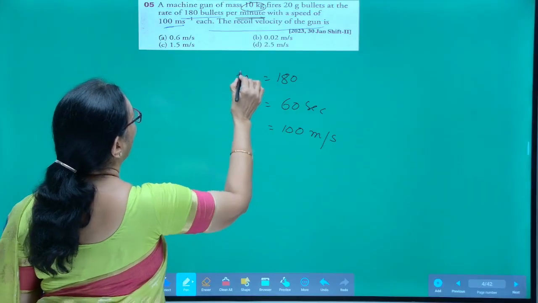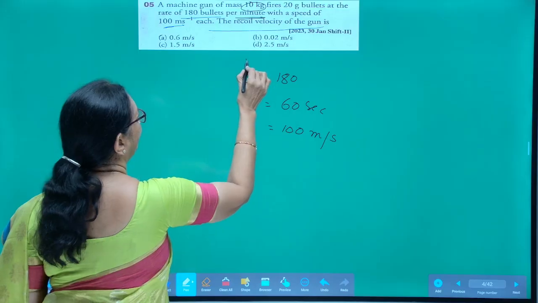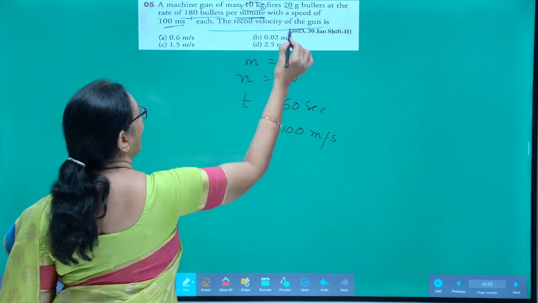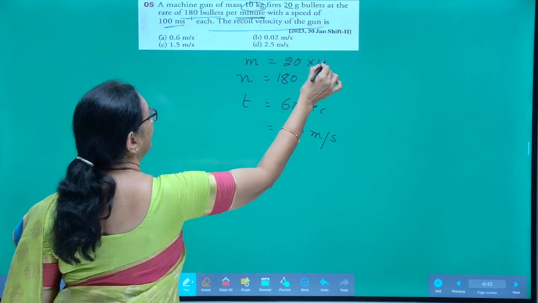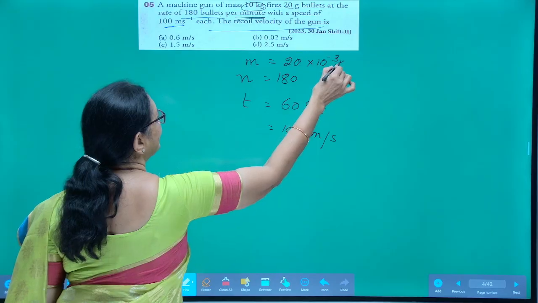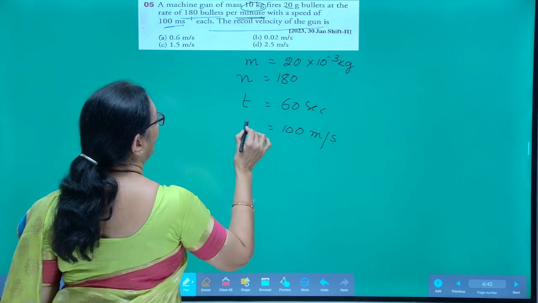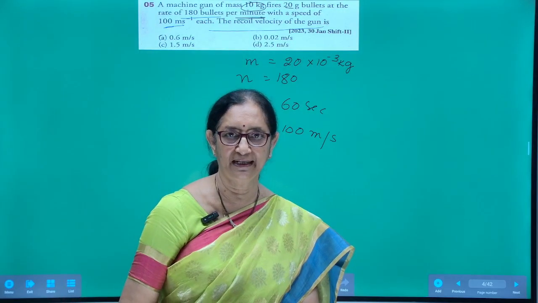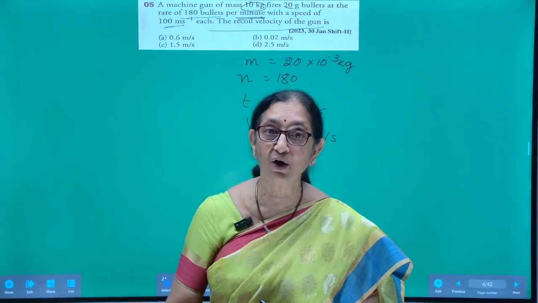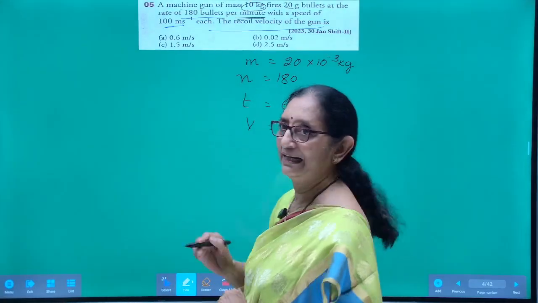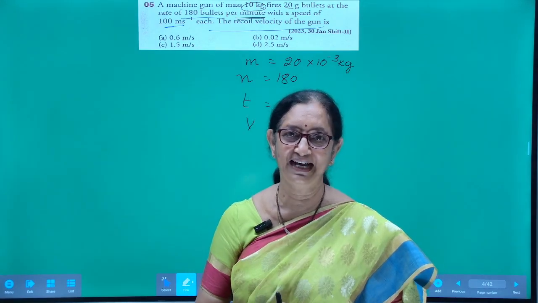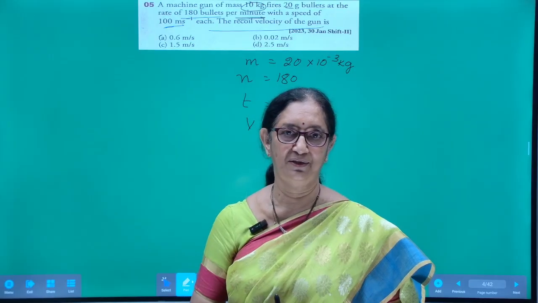See here, mass of each bullet is given as 20 grams, that is 20 into 10 to the power of minus 3 kg. Velocity of each bullet is 100 meter per second. What is the recoil velocity of the gun? That means when bullets are fired, what is the velocity of the gun in the backward direction?